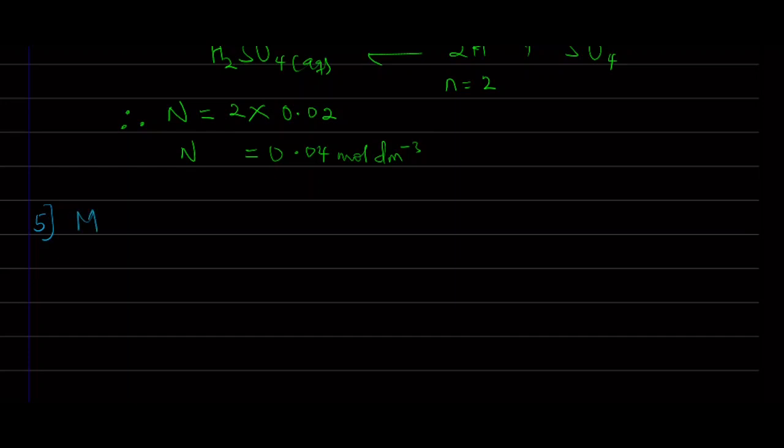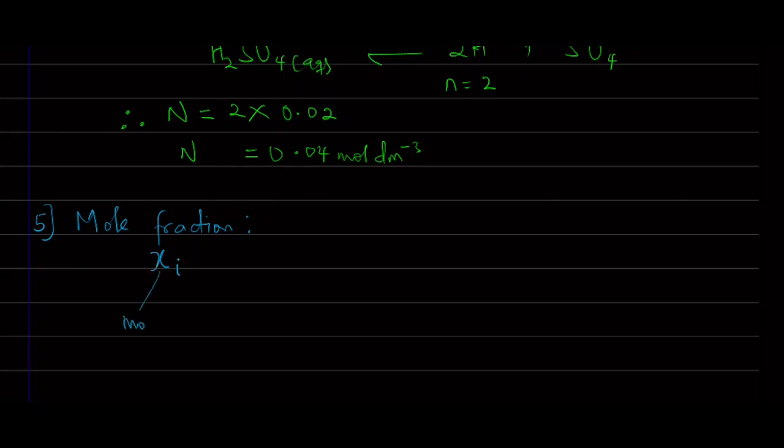Mole fraction is defined as the number of moles of any component divided by the total number of moles of all the components in the solution. Mathematically speaking, x represents mole fraction.